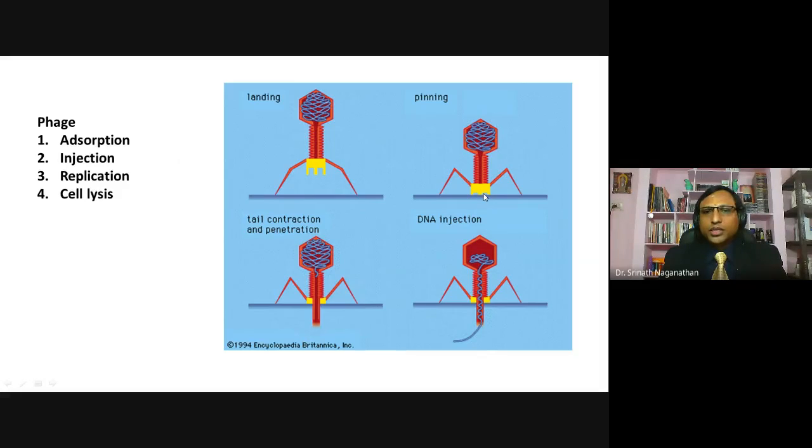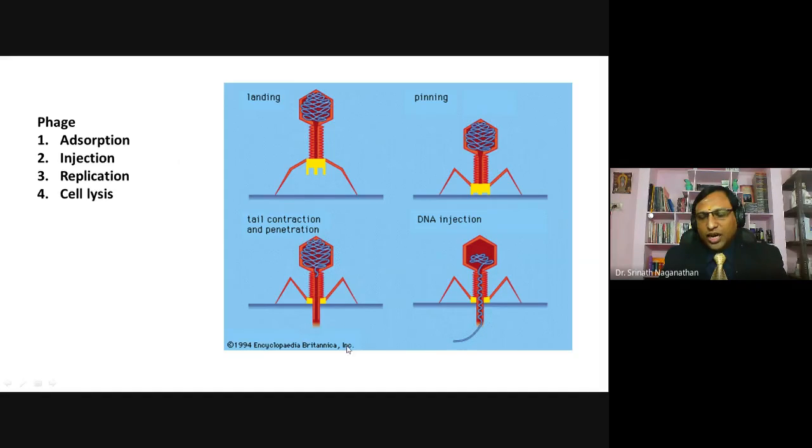After adsorption is done, the collar region, along with the spring-like mechanism, makes an insertion in the cell wall. By this insertion, they inject the DNA material they have. This process is called injection.